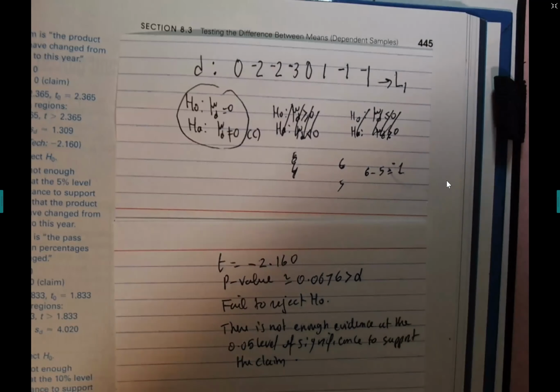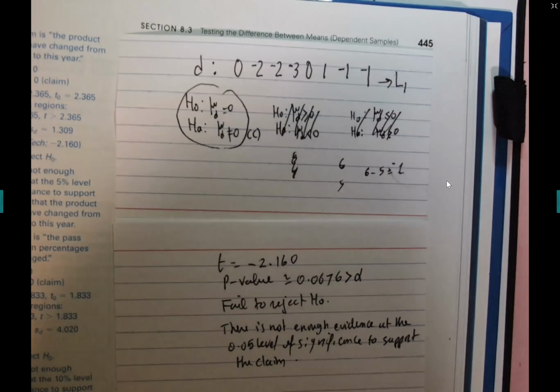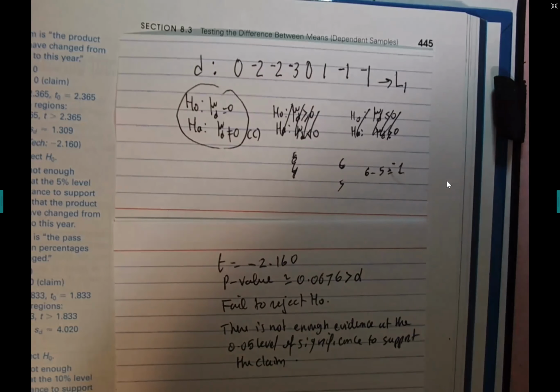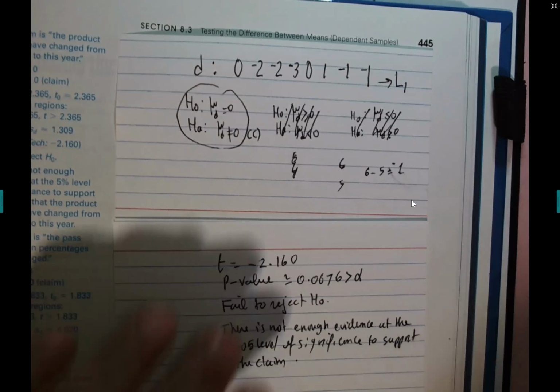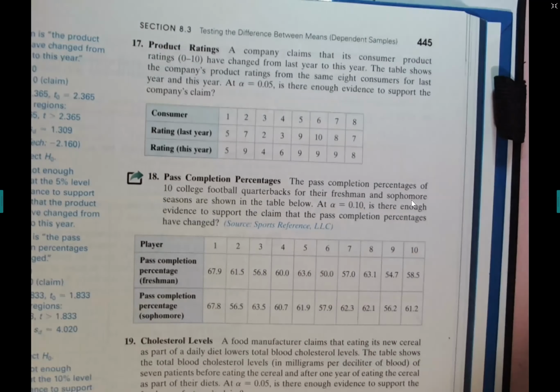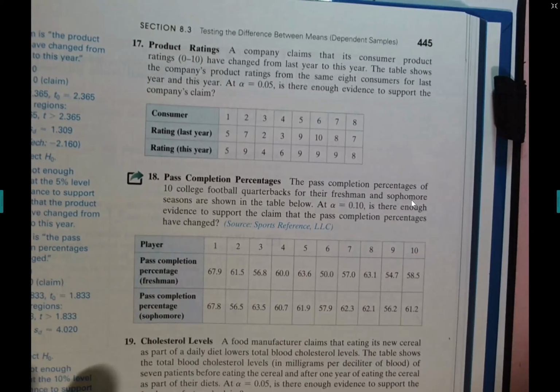Okay, so that concludes our discussion of section 8.3. In summary, in section 8.3, guys, when you see any data sets like this put in a table format, I can assure you they will be like that, either a horizontal table or a vertical table.